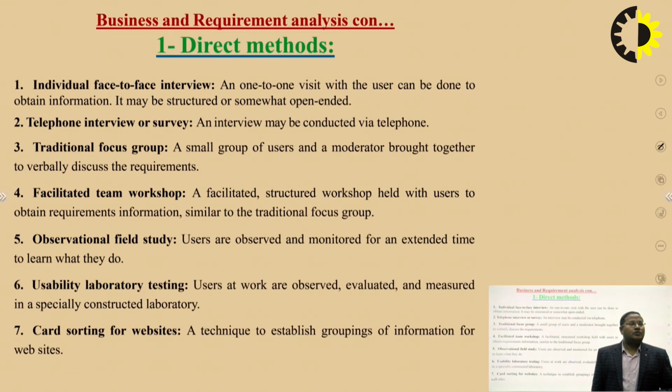So, to capture the requirements, direct methods are used, and there are 7 subtypes of the direct methods. The first type of direct method is the individual face-to-face interview. A one-to-one visit with the user can be done to obtain information.